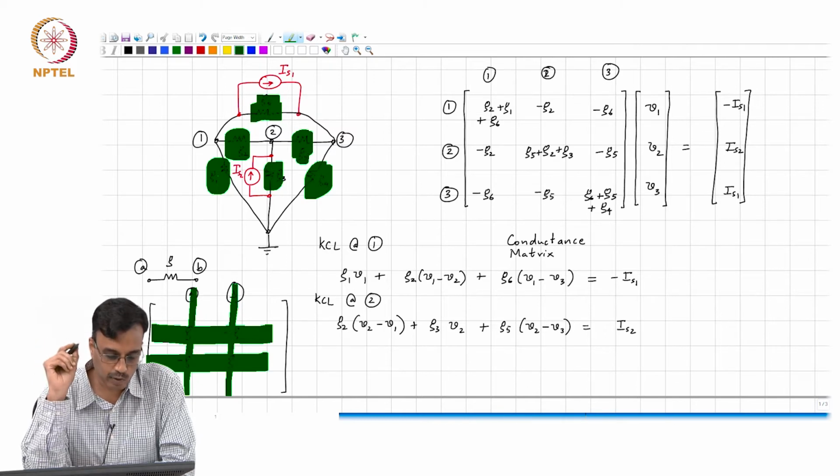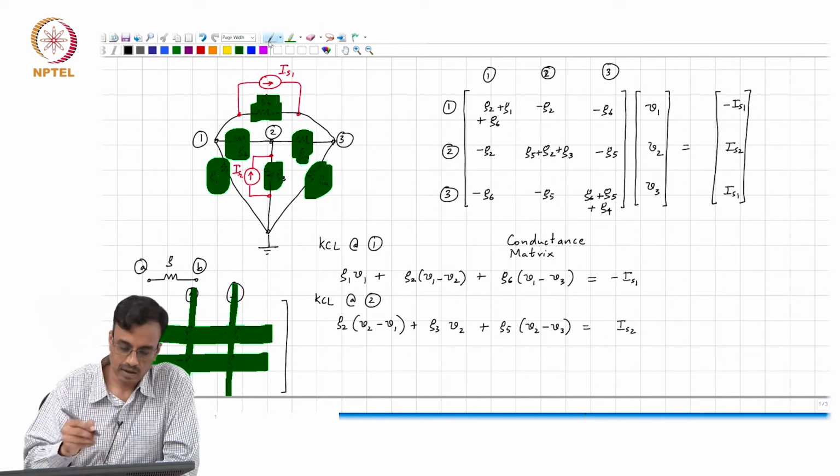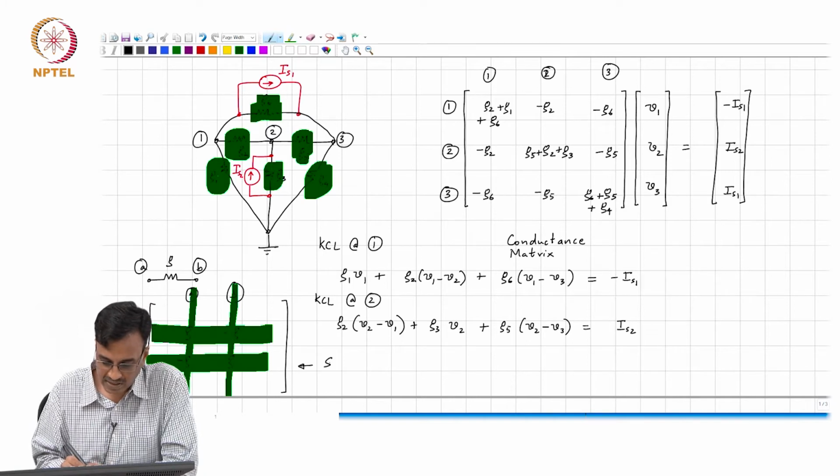If you have a conductance only going between a node and ground, it only appears on the diagonal, right. And this is what is called the stamp of the conductance.